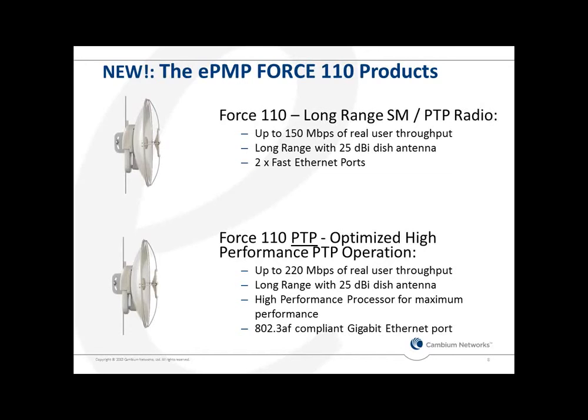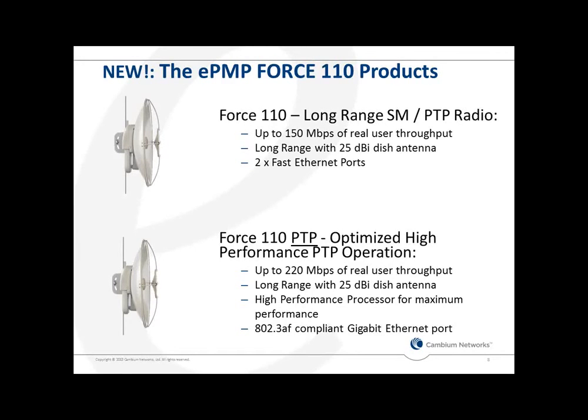It's got a long range. We can go probably up to the limit of the protocol, which is 40 miles or about 60 kilometers with the high gain 25 dBi antenna.